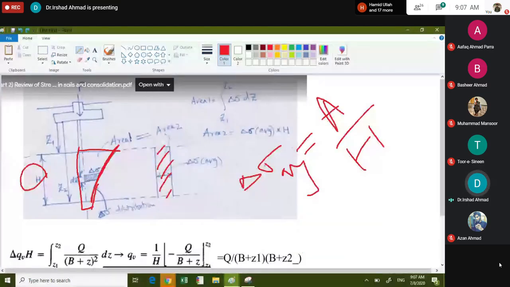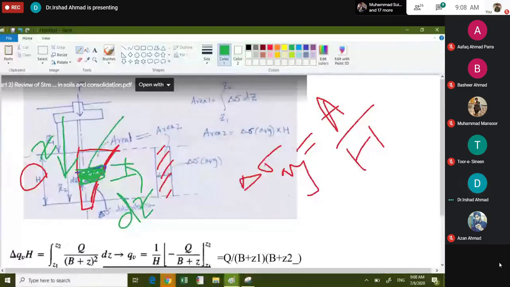So you would take a small strip. You see this strip. The thickness of this strip is dz, and it is located at a depth of z. This ordinate is delta sigma z.